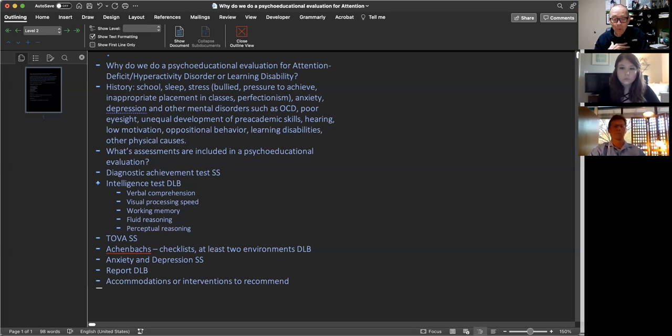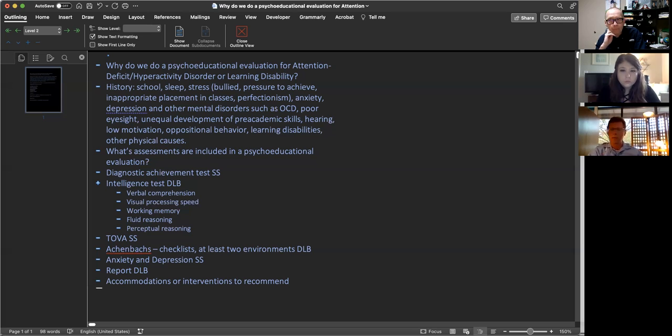Do they have anger issues? There can be all kinds of physical causes. So anything that would get in the way of focus on schoolwork and achievement in the classroom. History is a big deal. It's really going to get into all of those things because we want to get all the variables to make the correct determination of what the issue is.